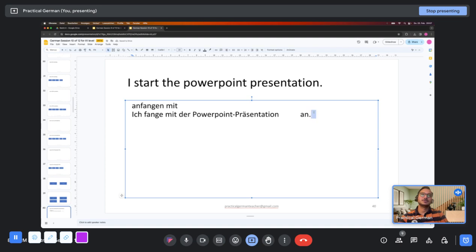This is called verben mit Präpositionen. This is higher level, but just so that you know. You have to learn these verbs with prepositions so that you can express more. So ich fange mit der PowerPoint-Präsentation an.